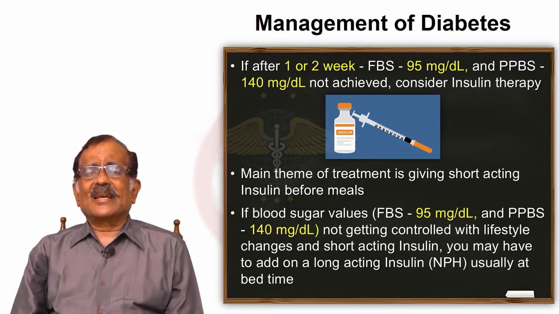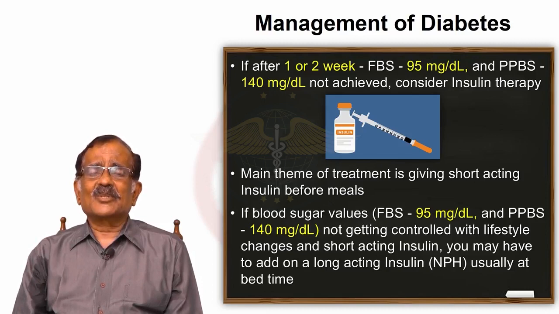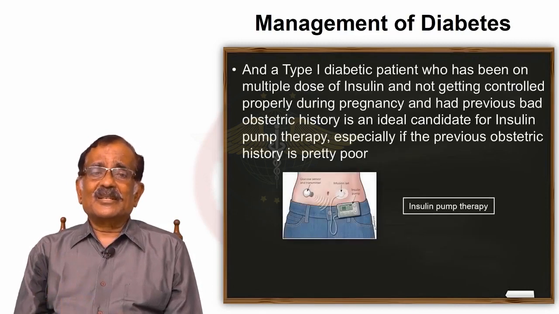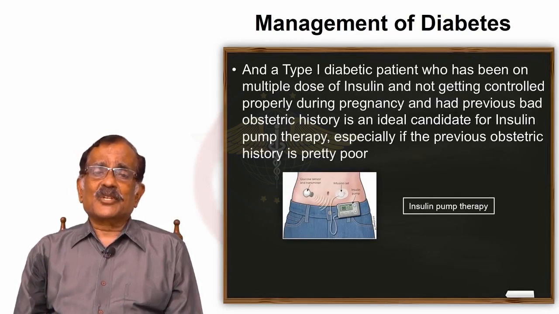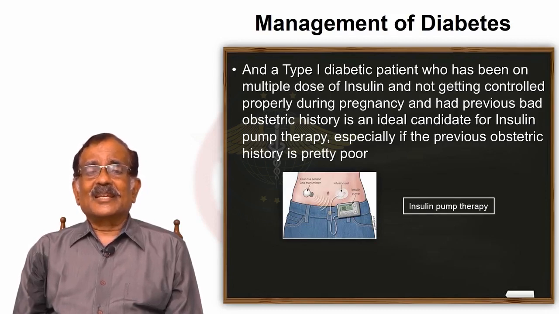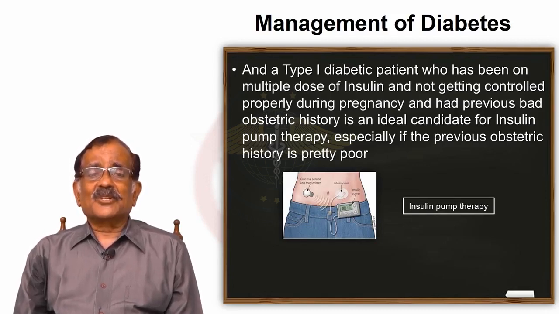For type 2 diabetic patients or type 1 patients, you have to continue with their previous regime, and usually they all require basal bolus therapy to control it. And a type 1 diabetic patient who has been on multiple doses of insulin, not getting control properly during pregnancy and had previous bad obstetric history, is an ideal candidate for insulin pump therapy, especially if one of the reasons for the poor obstetric history is fluctuating or uncontrolled diabetes.